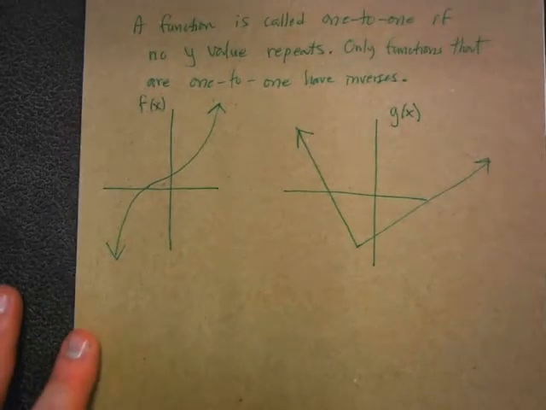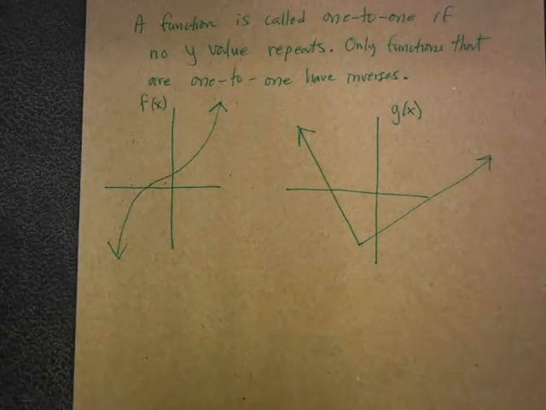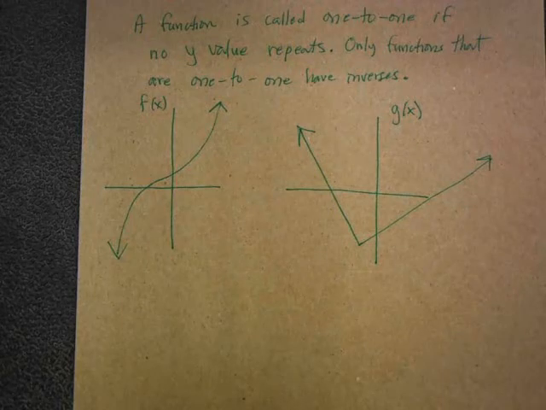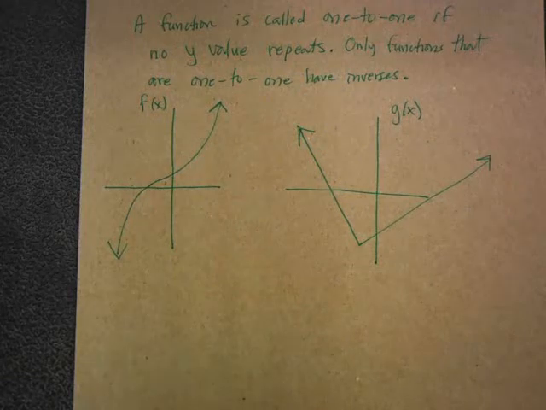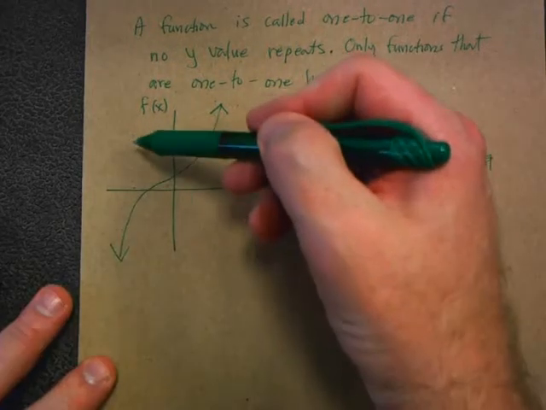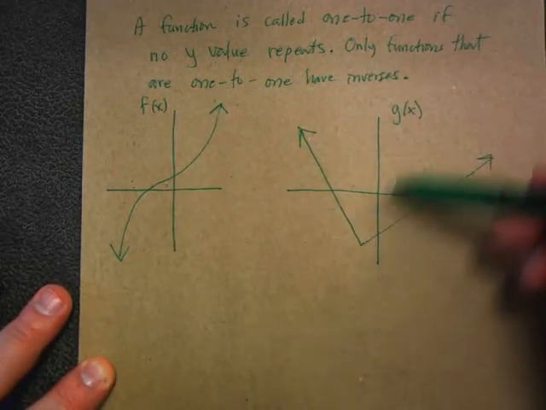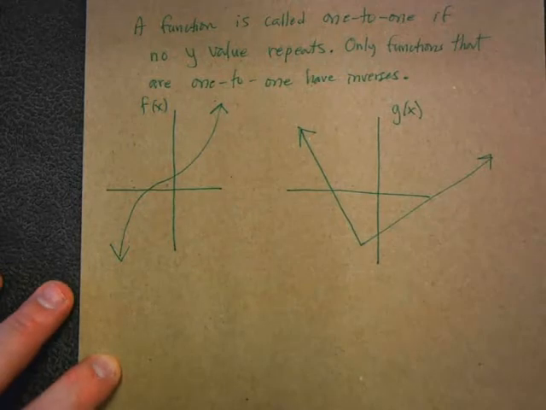One of those functions is one-to-one, and one of them is not. How do you tell? Did you say vertical line test? Vertical line test tells me if it's a function. So you're right, you switched your mind. If I draw any vertical line, it would hit only once. That tells me it's a function.